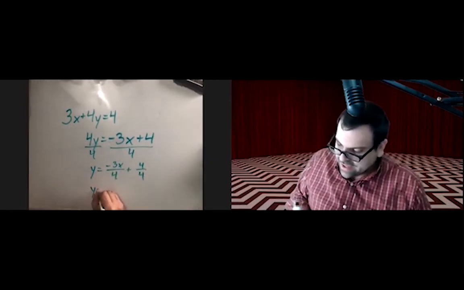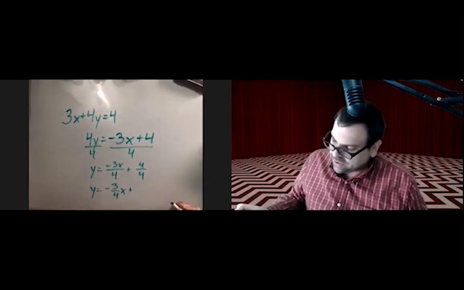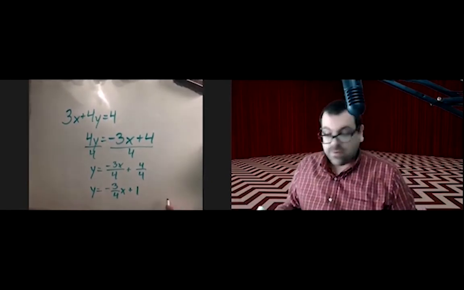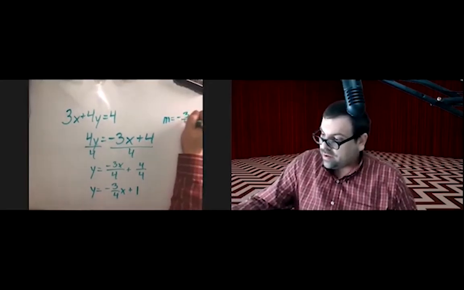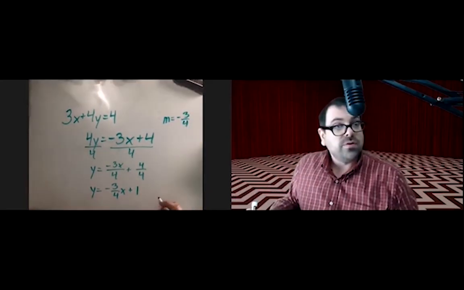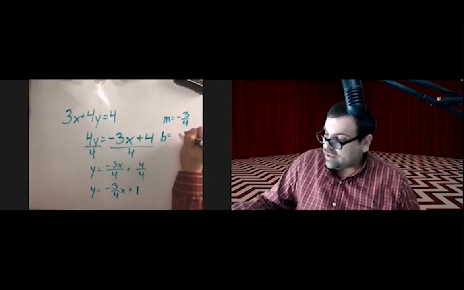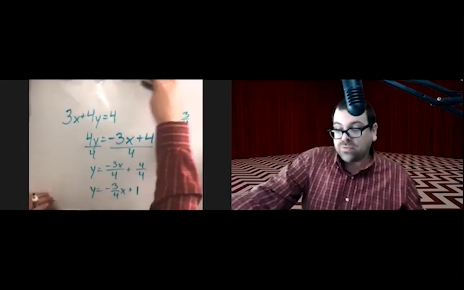And simplifying that gives us negative 3/4 x plus 4/4, which is 1. So that is a slope m of negative 3/4. The y-intercept b is positive 1. Let's graph.